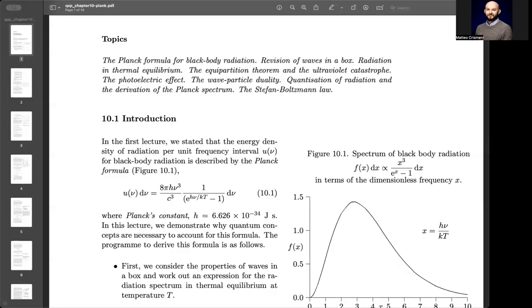The first thing to keep in mind is we need to go back a little bit and think about the state of physics in the late 1800s and the early 1900s. This is before quantum mechanics has been discovered, or I should say formalized.